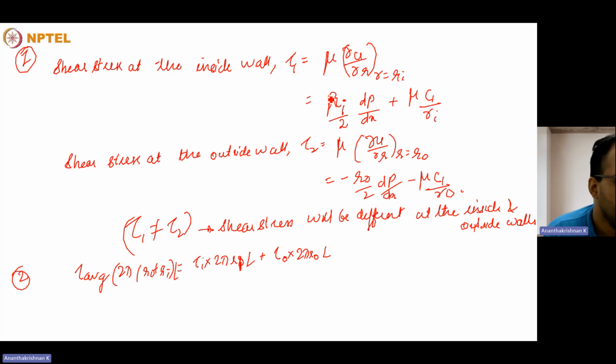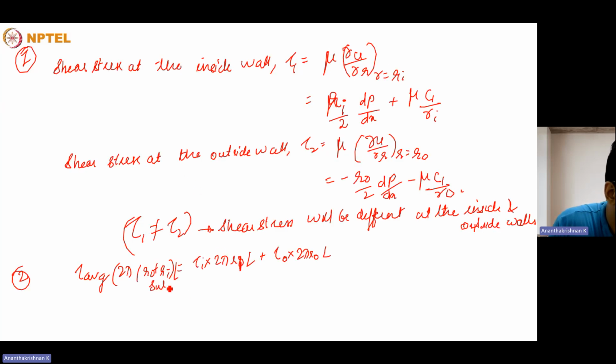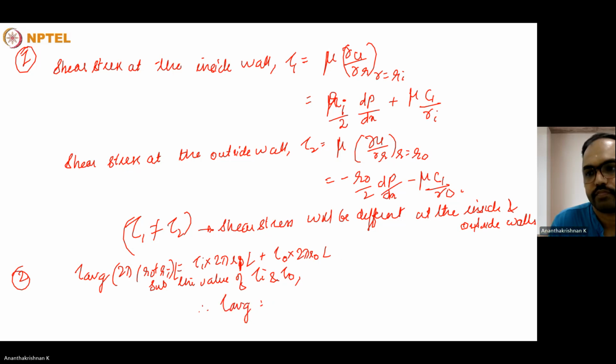Substitute the value of the inner and the outer shear stresses that we have obtained in the first equation, tau i and tau outer. You get tau average is equal to minus half dp by dx into r outer minus r inner.